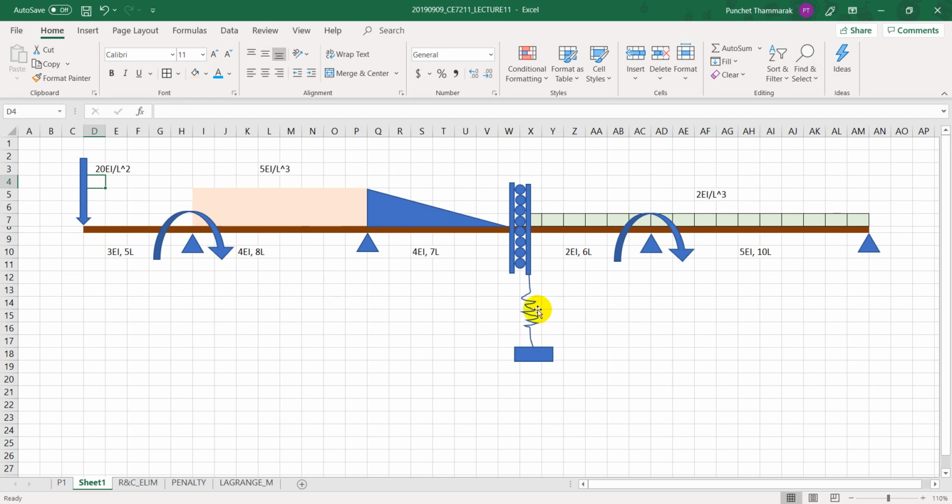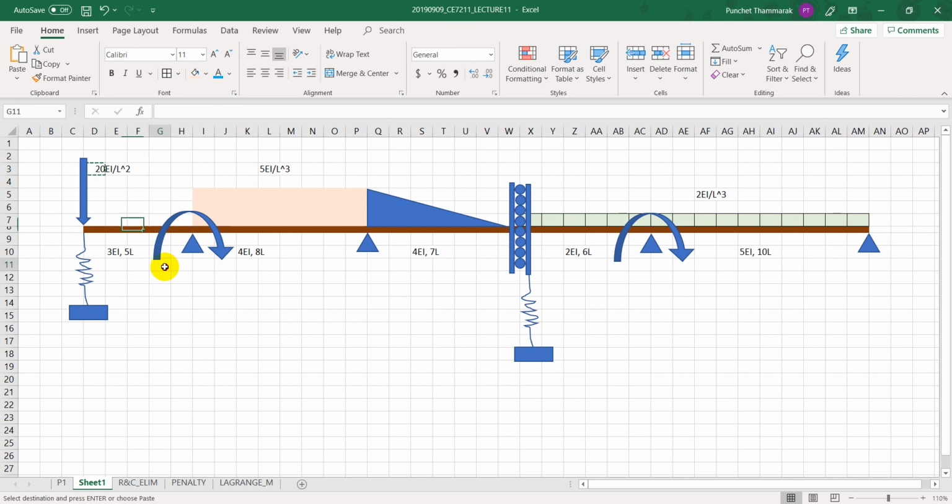I have to think of the spring stiffness. I feel like I want to put the spring over there, just to give it a help. Let's talk about moment.